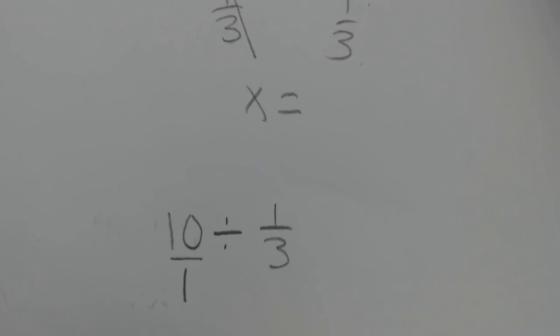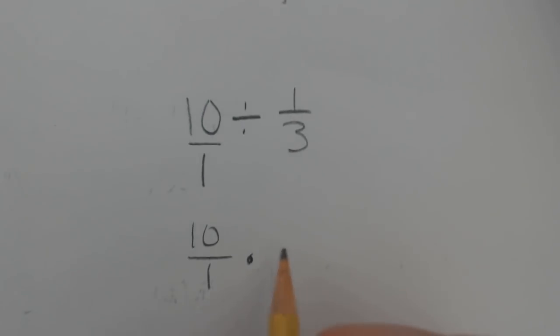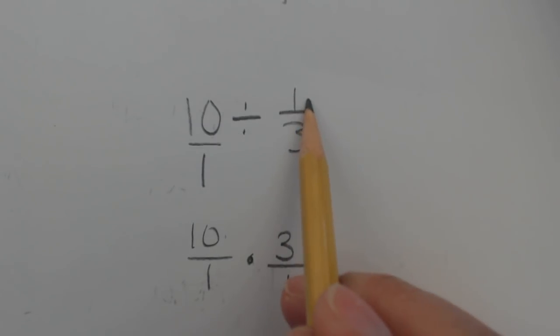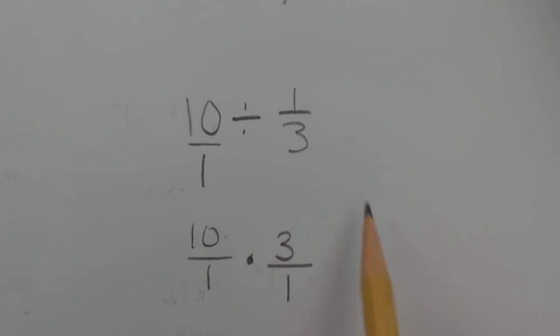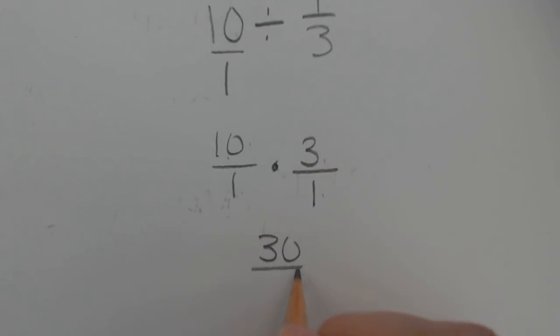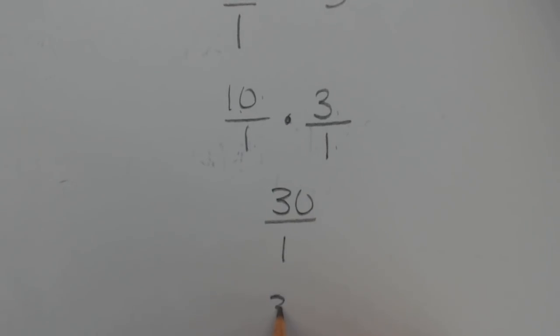Division of fractions is really multiplication of the reciprocal. The reciprocal is when the numerator becomes the denominator, and the denominator becomes the numerator. So now we're multiplying by the reciprocal, or the flip. 10 times 3 is 30. 1 times 1 is 1, and that's 30 over 1, which we can write as 30.